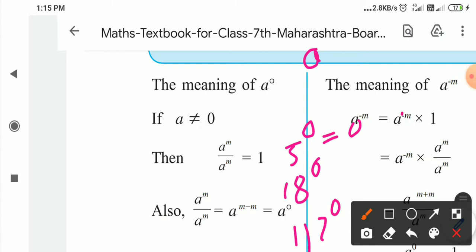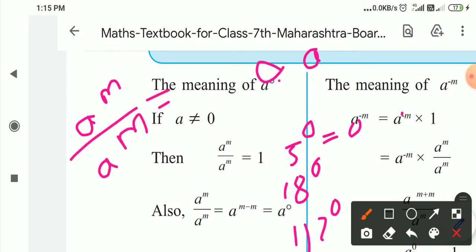What is given here? When 0 comes here, A raised to M divided by A raised to M, how are we solving? A raised to M minus M means A raised to 0. Instead of M, suppose I take the value 8.